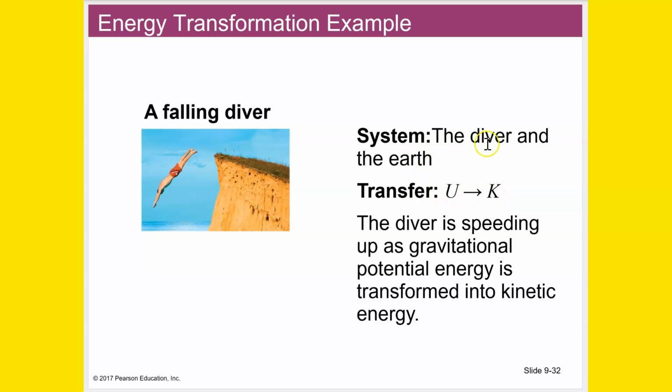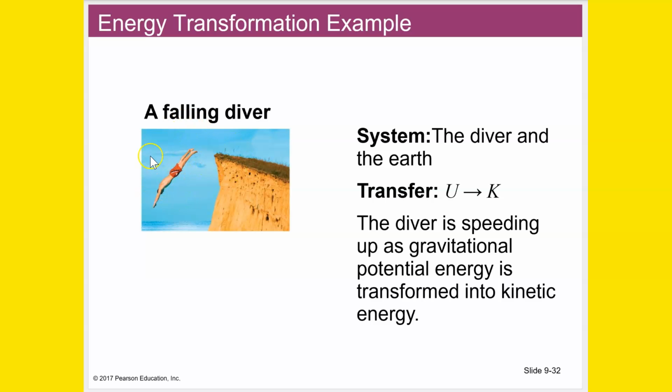Now, if you just consider the diver as the system, and the earth was outside of it, then it would not be a transformation of energy. It would be a transference of energy.